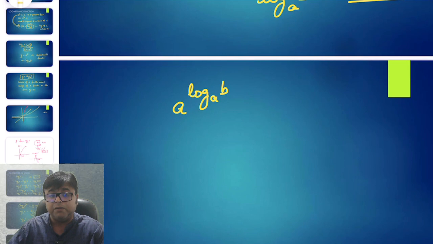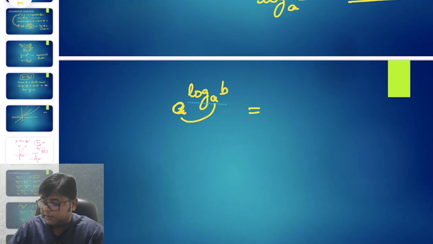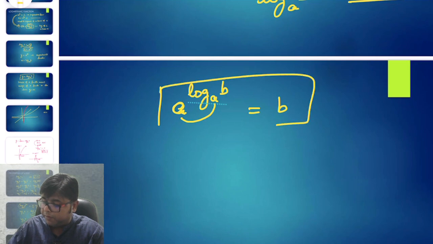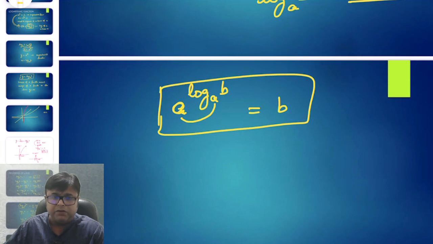It's an exponent log property. We have an exponent, but in the power of the exponent we have a log, and the base of the exponent and the base of the log are the same, then it is equal to b. Very important property which one should remember. So these are some of the properties of logs which we need to remember.